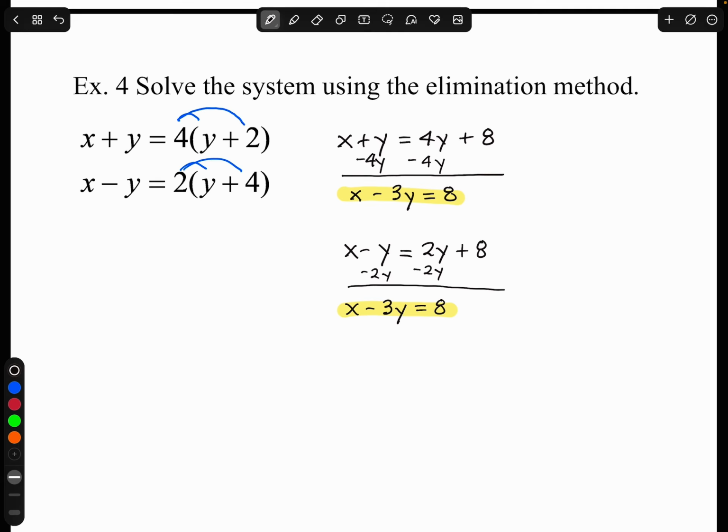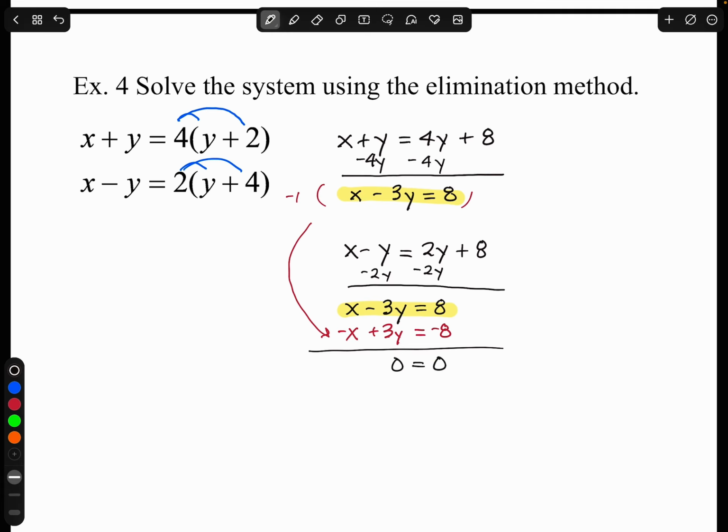In which case, once we notice that, if you wanted to do the elimination method still, we could take this and multiply it all by a -1 and rewrite it under here. So -1 times x would be a negative x. -1 times -3y would be plus 3y. And -1 times 8 would be a -8.